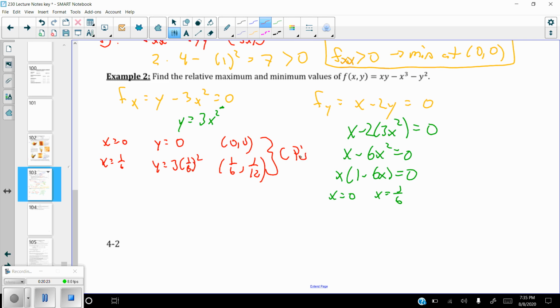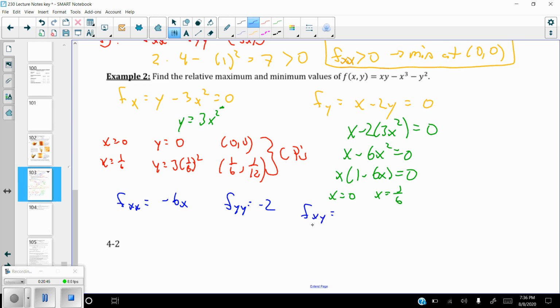So we are going to need the second derivatives. So let's go ahead and find those. fxx in this case is going to be negative 6x. See, that one has a variable in it this time. fyy is going to be negative 2, no variable in that one.